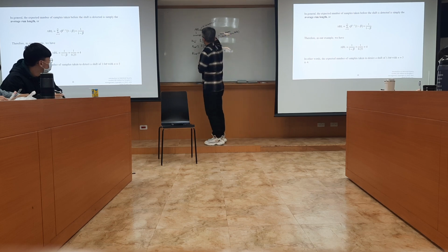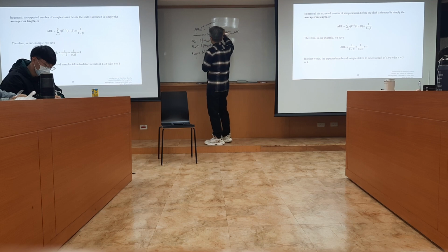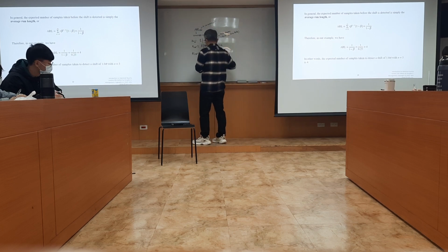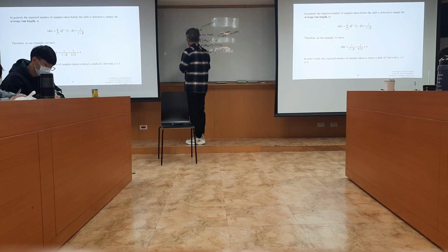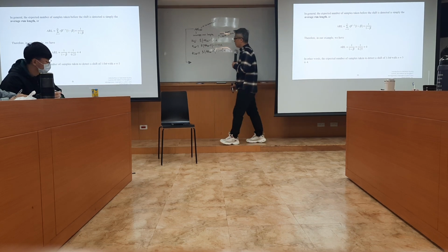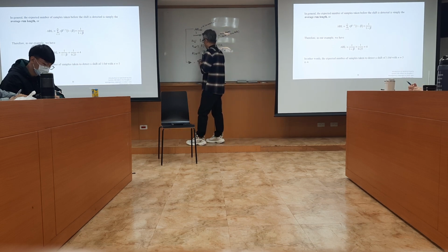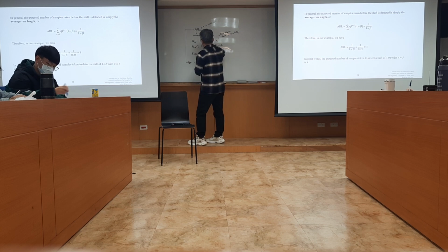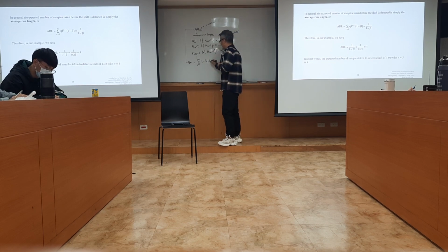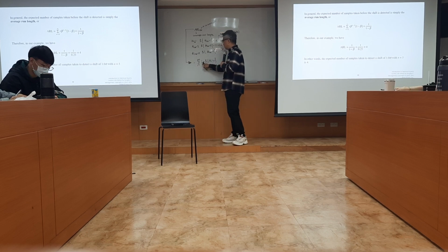So I'd like to take the average run length. The most important thing: the average run length is the sum of i from 1 to infinity of i times the probability that the run length equals i.